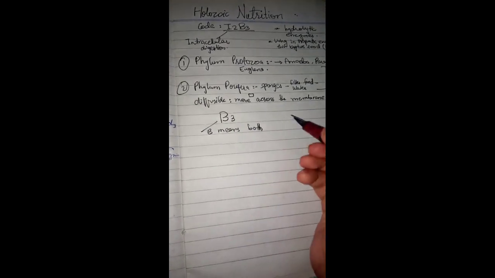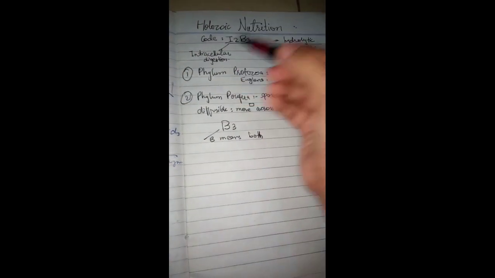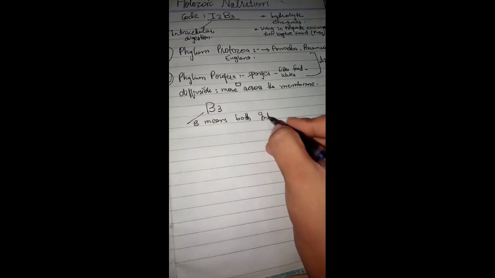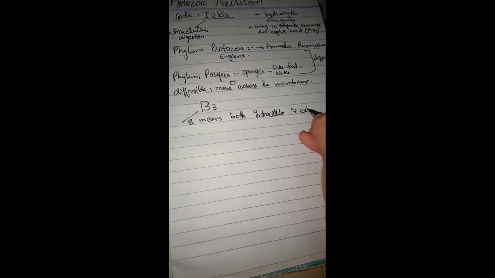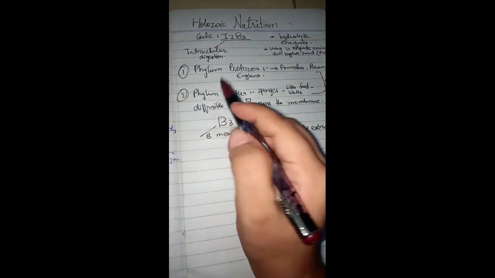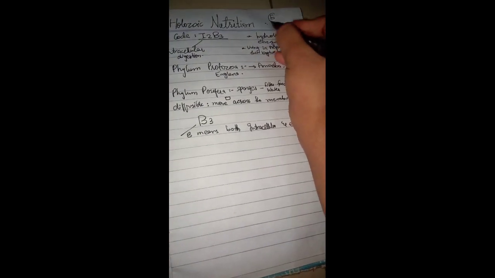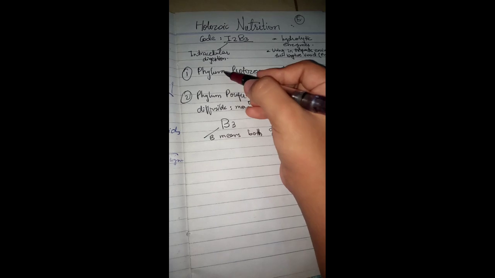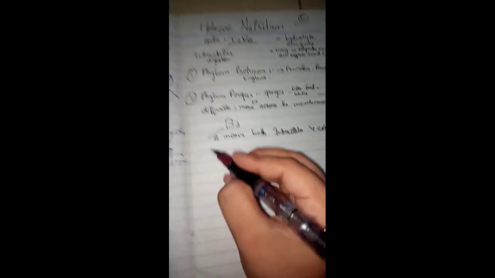Here B means both, so intracellular is done and the second will be extracellular. B3 means, as I told you, we have only five phyla, so two are done and three are remaining. That's the reason we have three here. So what are those phyla?